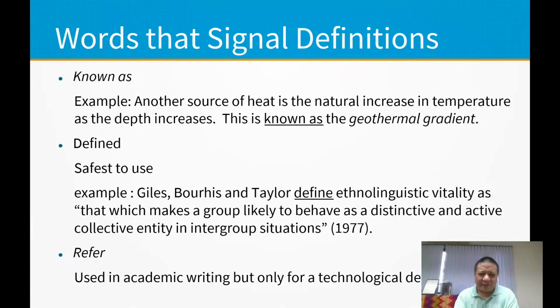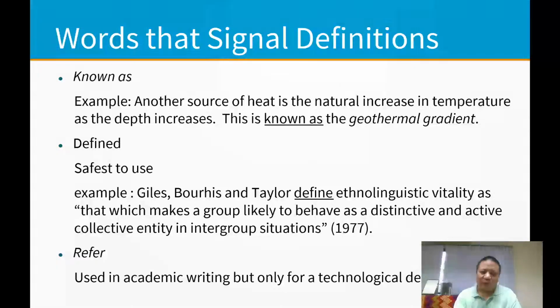Other words that signal definitions include known as. So here's an example. Another source of heat is the natural increase in temperature as the depth increases. This is known as the geothermal gradient. So that's known as to signal definition. You could also use the word define. By the way, class, define is the safest to use.